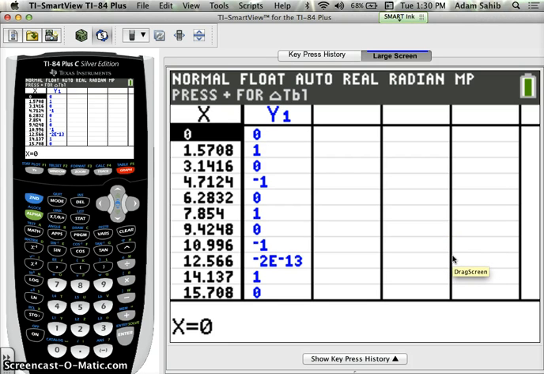Wait, so it's pi over 2. Okay. Now they're not the same. What's up with that 12.566? Okay, so once again, this means negative 2 times 10 to the negative 13. So negative 2. Your calculator has limitations, what you need to realize.